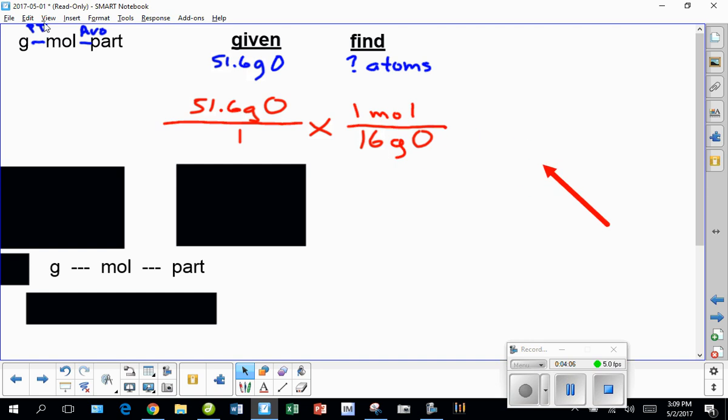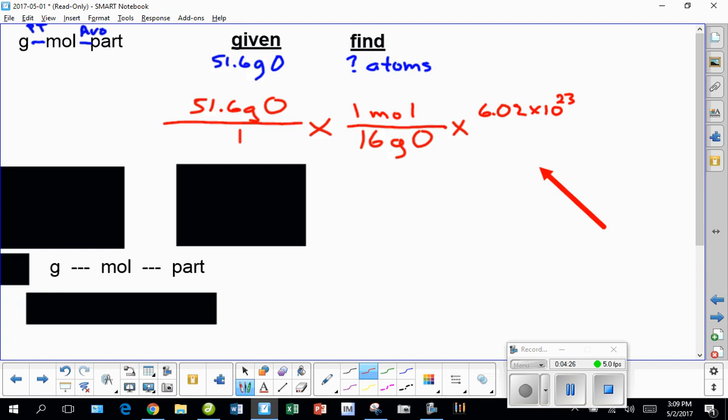So what do we do for our next fraction? And is 6.02 going to go top or bottom? Very good, 6.02. Yeah, 6.02 is going to go up here as particles, and this will be atoms, in this case, atoms of oxygen.